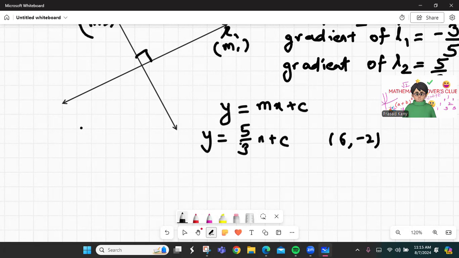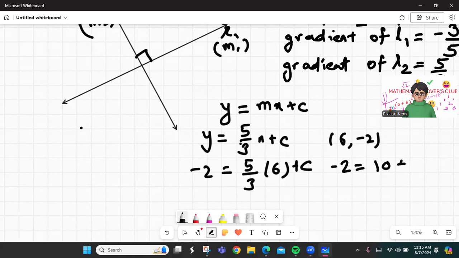So we should substitute this point in the equation. So y is equal to -2, that is equal to 5/3 into x is 6, plus c, which gives -2 is equal to 10 plus c. So c is equal to -12.